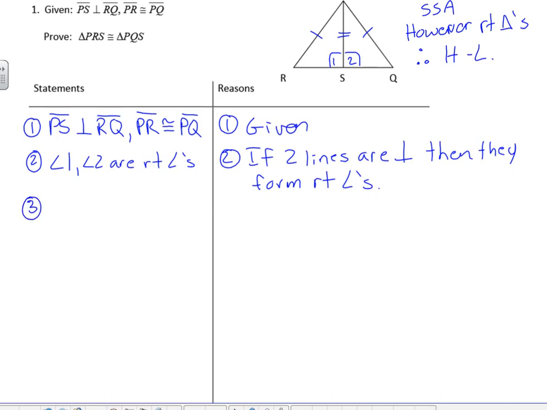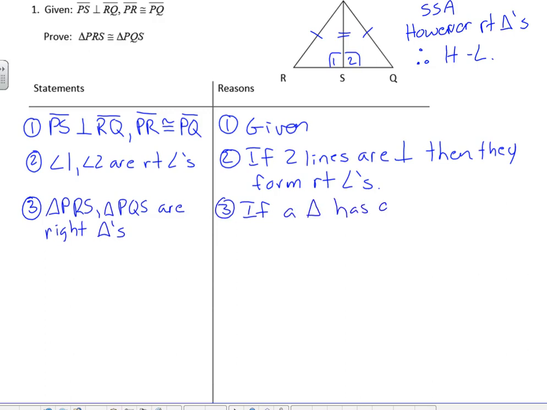I could say angle 1 and angle 2 are congruent because all right angles are congruent, but I don't need that. What I need is to say that triangle PRS and triangle PQS are right triangles, because if a triangle has a right angle, then it is a right triangle.